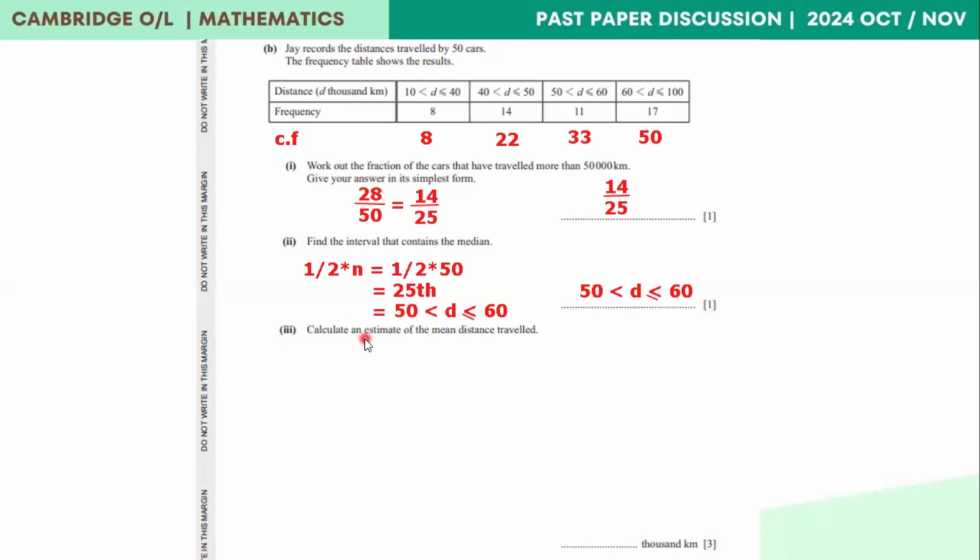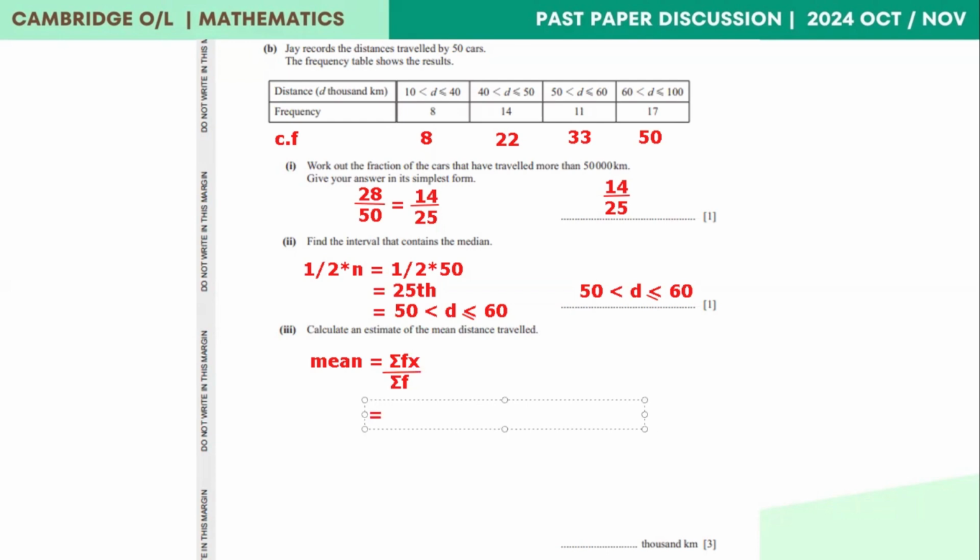For the next question, calculate an estimate of the mean distance traveled. The mean formula is mean equals sigma fx over sigma f. Sigma fx means the sum of all the fx values.